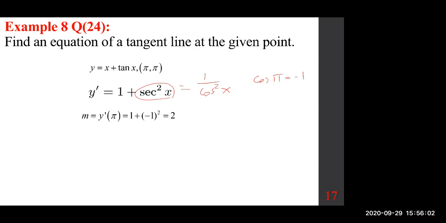When you square it, you get positive 1. And so y minus y1 equals m times x minus x1. Okay, so it's pretty straightforward. We have 2x minus 2 pi. We add a pi and we get 2x minus pi. I hope that's straightforward. And that's the equation of a tangent line for the function y equals x plus tan x at pi comma pi. That's the answer.